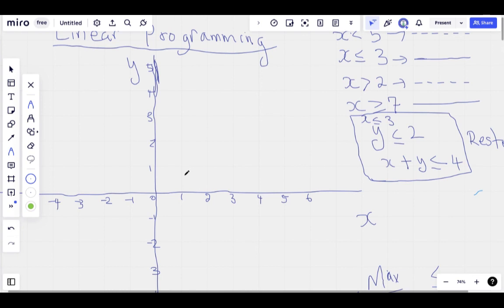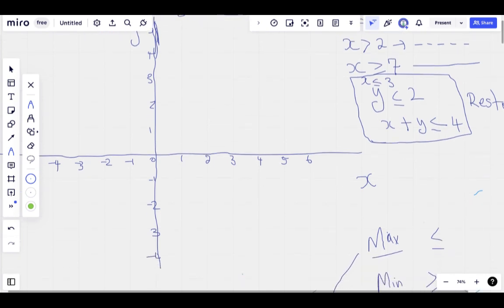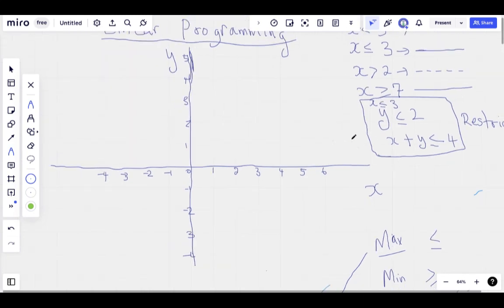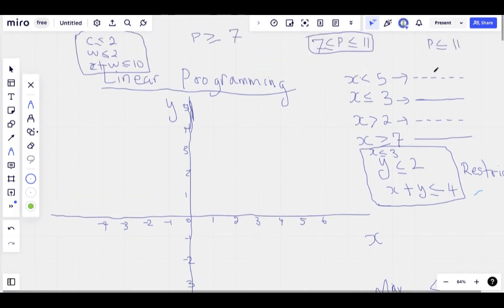Then after knowing how to put restrictions in inequality, the next step is how to graph these restrictions. Before graphing, I explained that when they say only lesser than, x is less than 5, you use a broken line, what we call the dash line. Then this is a solid line.